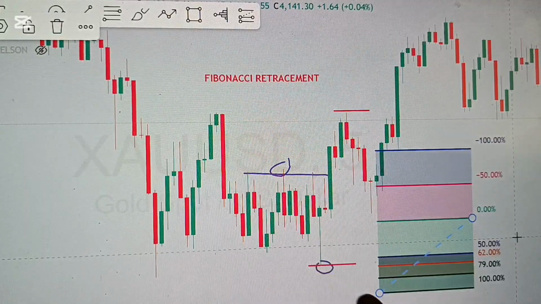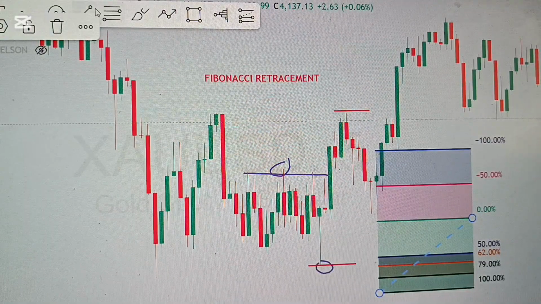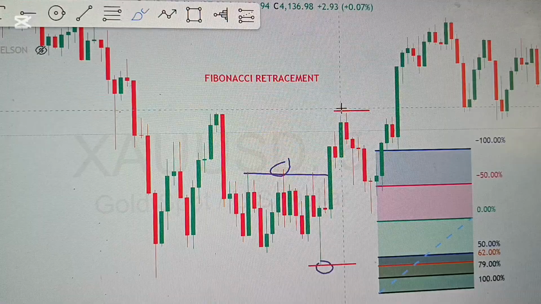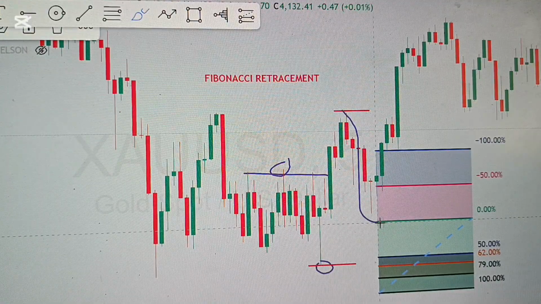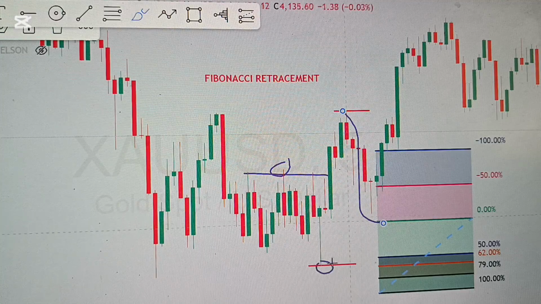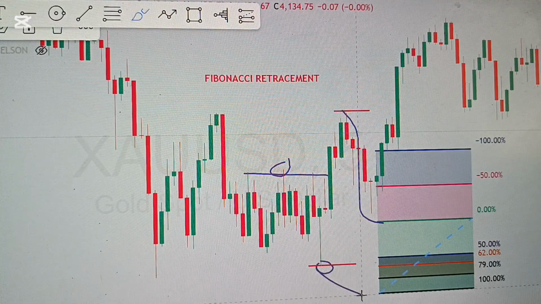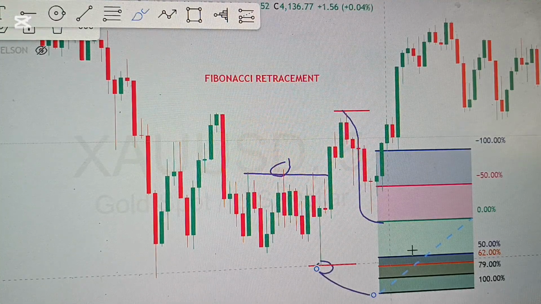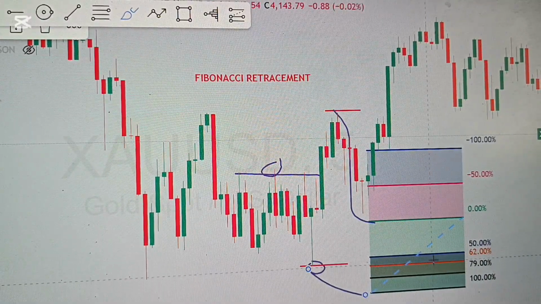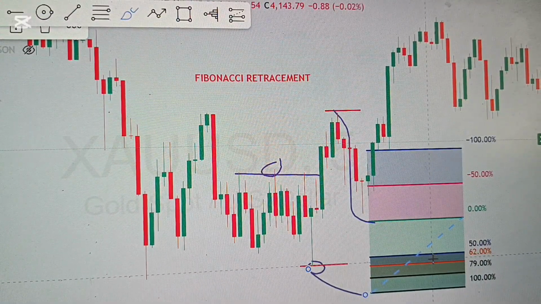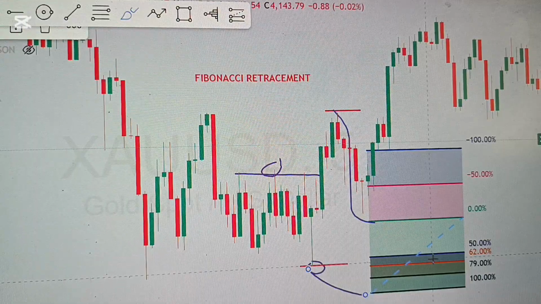Let me just mark this point. So this is the 0%. The 0% will come here, and the 100% is going to come here. We are supposed to look for our entries at 50 and 62%. So between 50 and 62%, that is where we're going to place our entries.